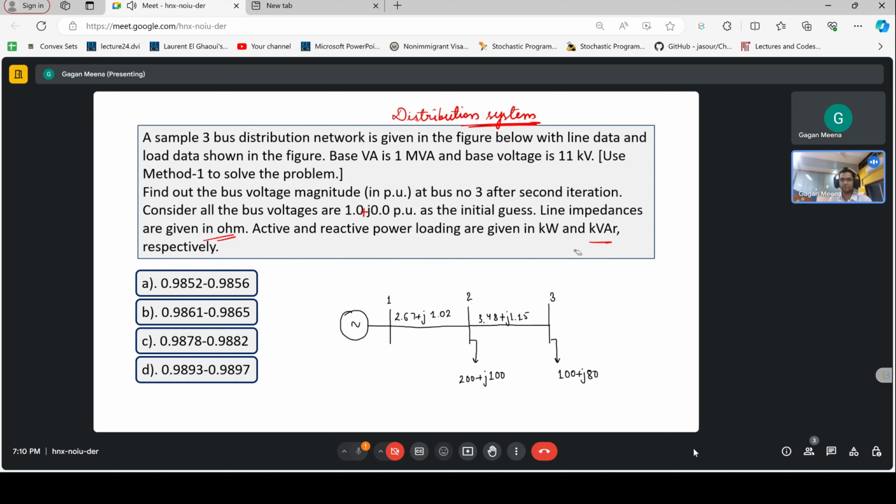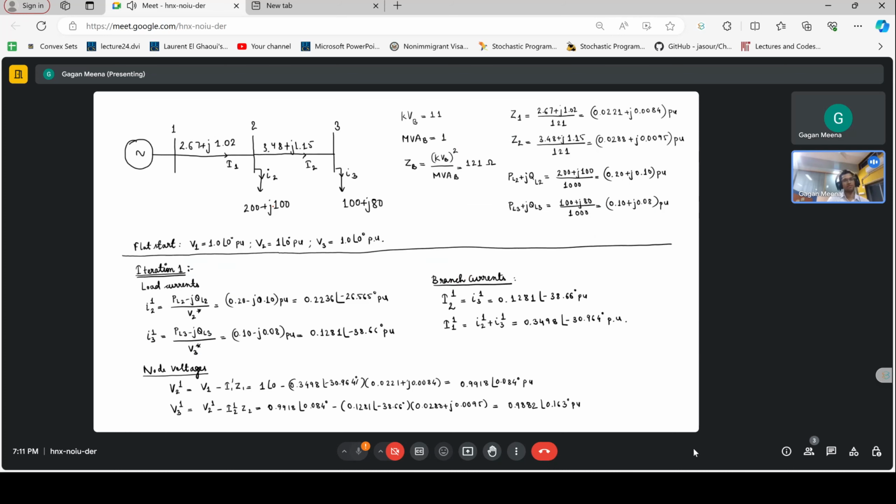So kV base is given, MVA base is given, Z base is kV square by MVA base, 121. So divide Z1 and Z2 by this value, we'll get this in per unit. Similarly, MVA base is given as 1 MVA, so divide this by 1000. 8.2 plus j0.1.